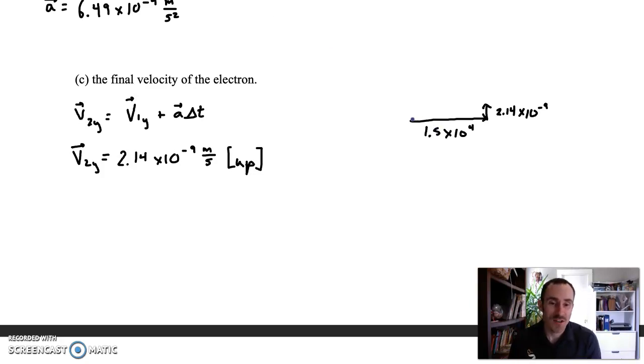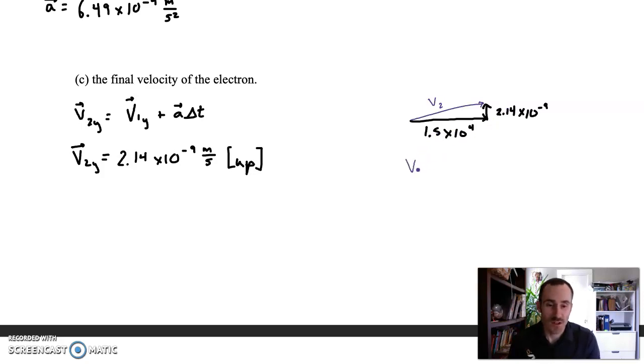Okay, but here's our resultant. Again, grossly exaggerated. And this resultant is really what we're going for. What's V2 total? Okay, so V2 total is going to be the square root of these two things squared, right? Pythagorean theorem.